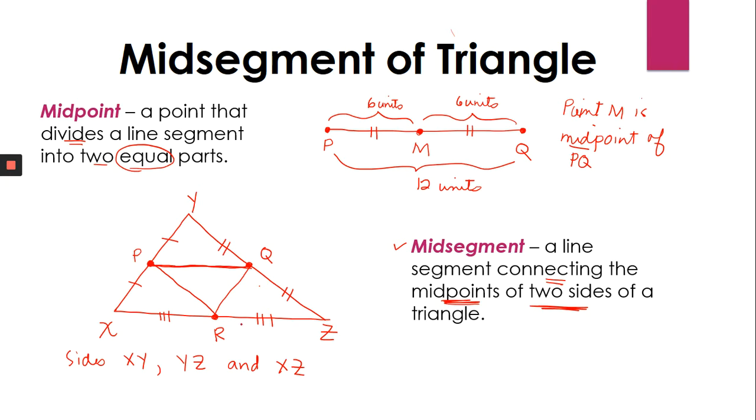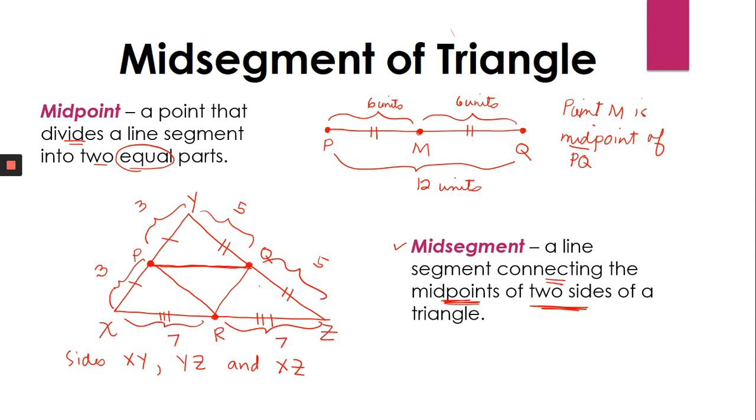If point P is a midpoint and PY measures 3, therefore PX is also 3. If this is 5, this is also 5. If this is 7, this is also 7.